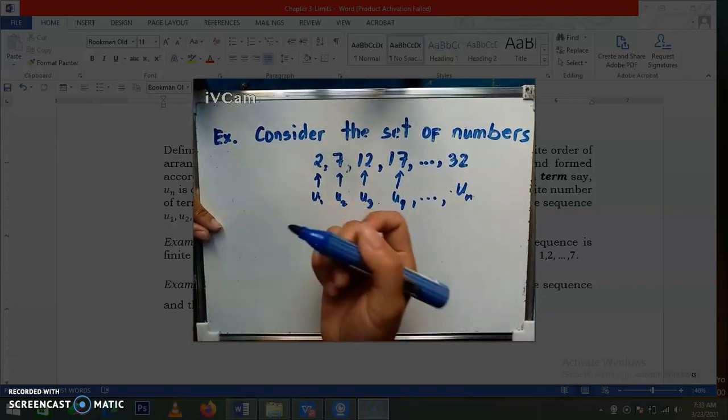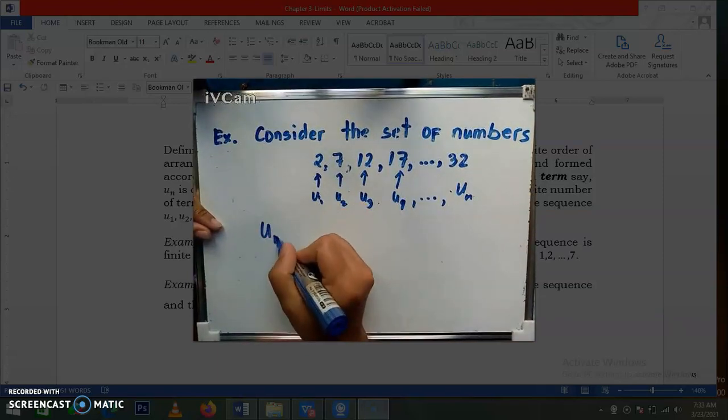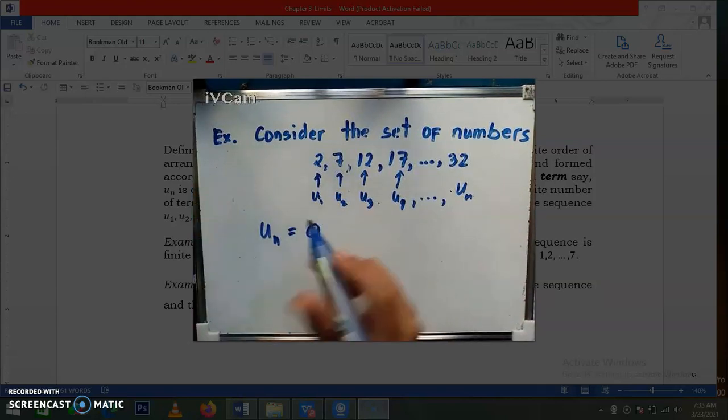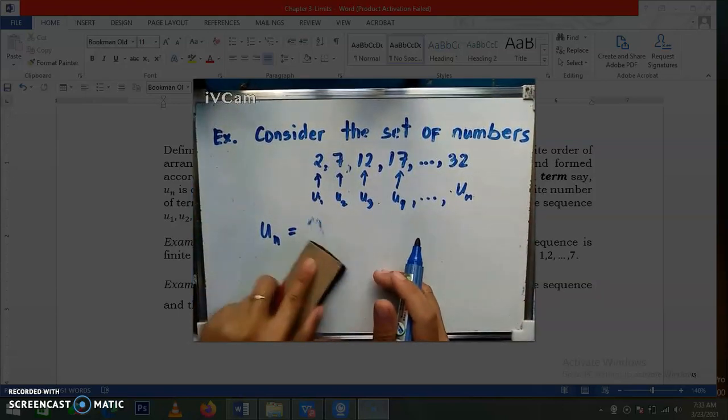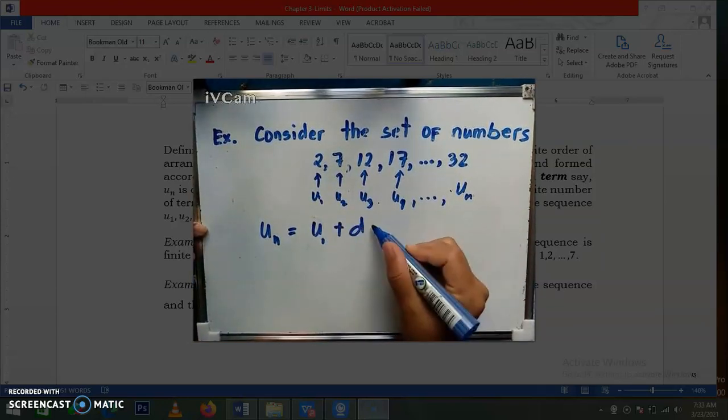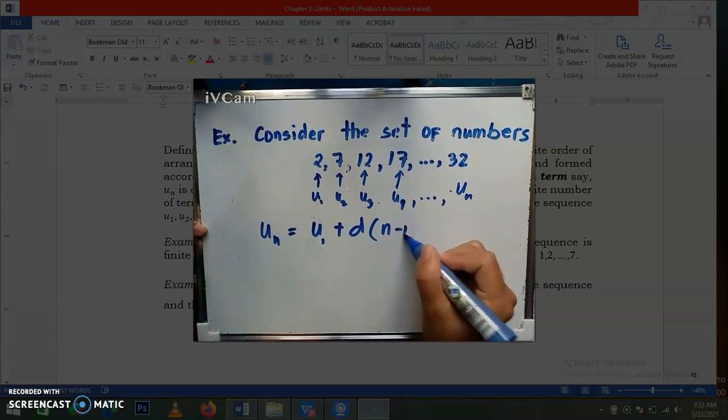Recall that the nth term of the sequence is equal to this formula, u sub 1 plus d times n minus 1.